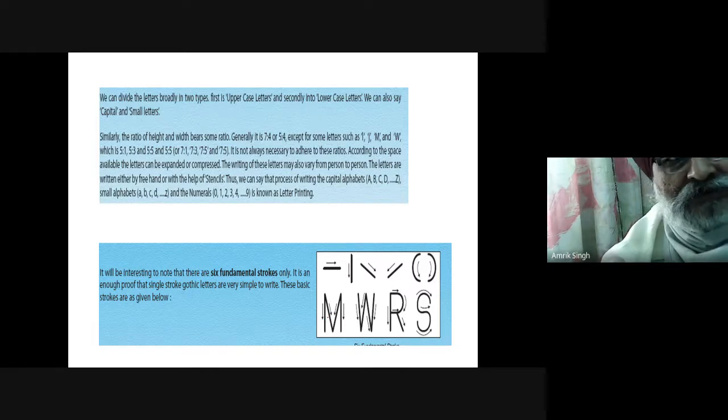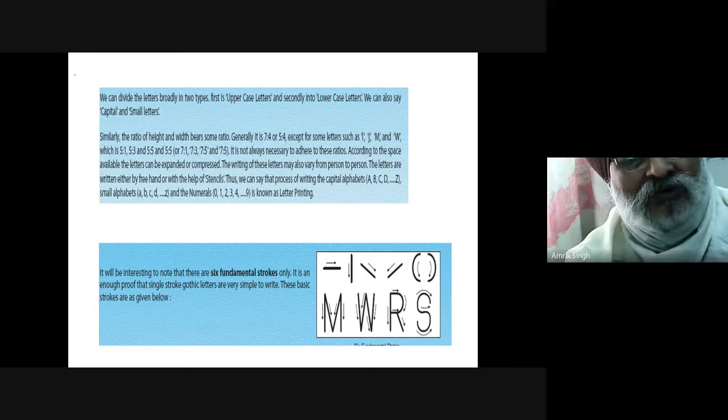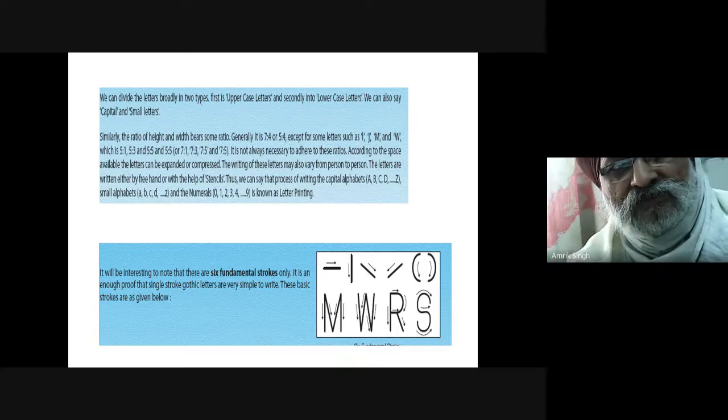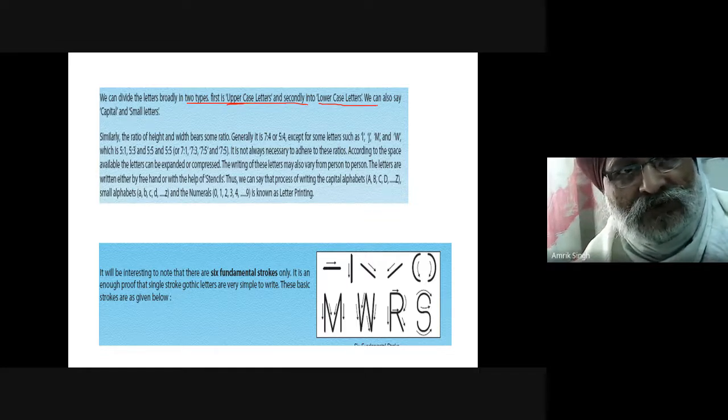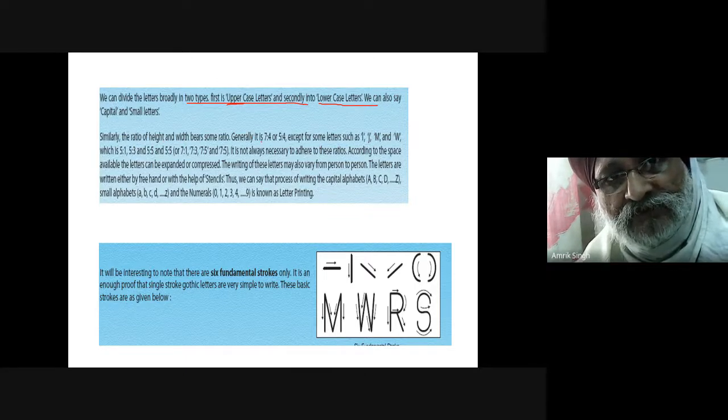Now, lettering, as I told, we can divide the letters into two types. One is the uppercase letters and secondly the lowercase letters. Okay. So similarly, the ratio of the height and width, suppose 7 is to 4 or 5 is to 4. Okay. So normally I, J, M, W, which is 5 is to 1, 5 is to 3, like that. Okay. So letters are written either by freehand or with the help of a stencil. Do you know what a stencil is? Yes, sir. Yes, so here we have to learn freehand.